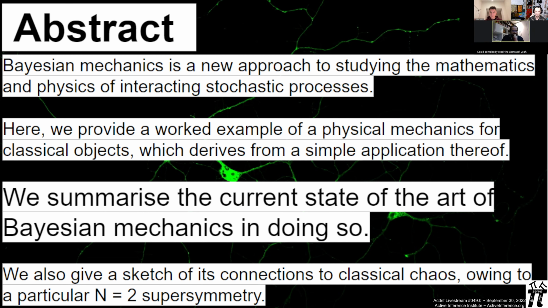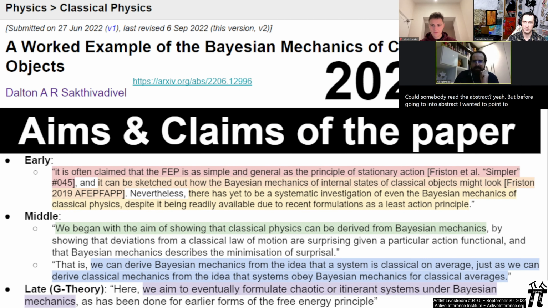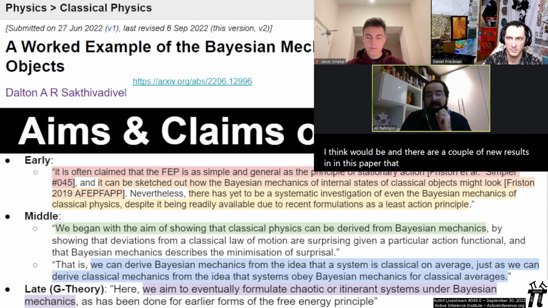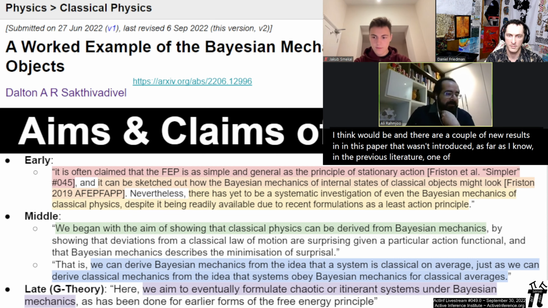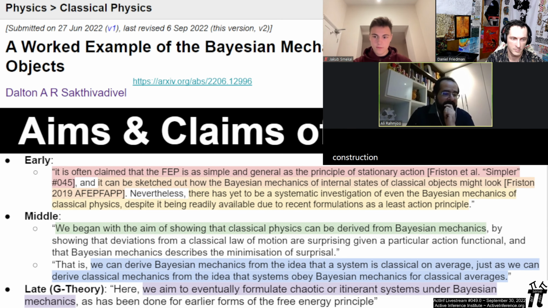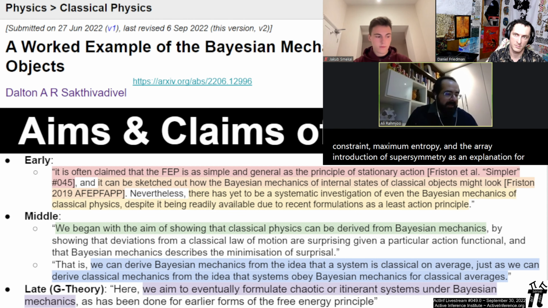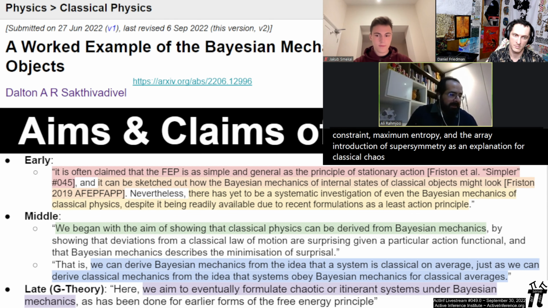But before going into the abstract, I wanted to point out one of the main goals of the paper, I think. There are a couple of new results in this paper that weren't introduced, as far as I know, in the previous literature, one of which is the derivation of classical physics from the principle of constrained maximum entropy, and the reintroduction of supersymmetry as an explanation for classical chaos, as indicated on page 5 of the paper.